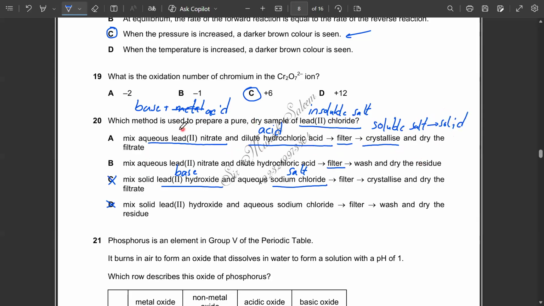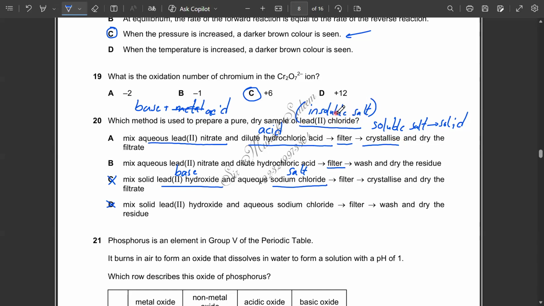But in our current scenario, the salt that is produced is lead chloride, which is already an insoluble salt. So we do not require the step of crystallization. Crystallization is not required here to form the solid.